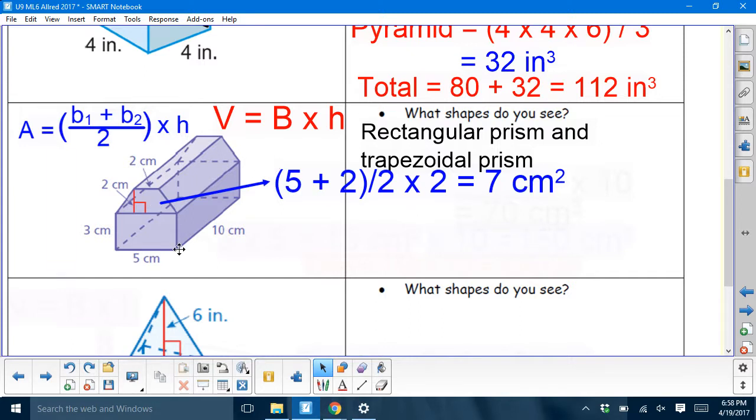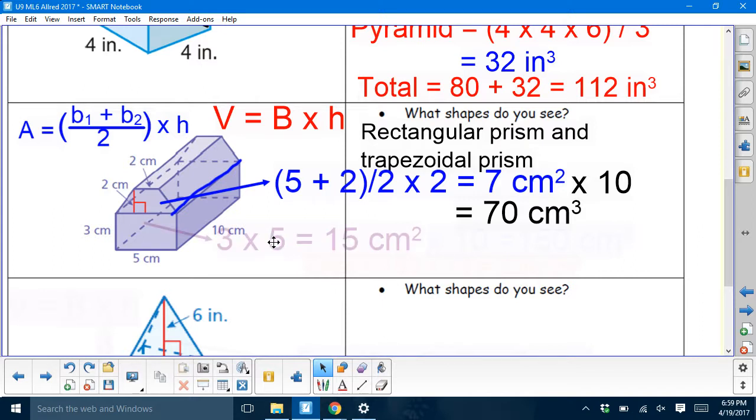I'm going to take that area of the base, and to find the volume of that top trapezoidal prism, I'm going to multiply it by 10 centimeters. That's the distance from base to base. Okay, that's going to help me find the volume of the trapezoidal prism, 70 cubic centimeters.